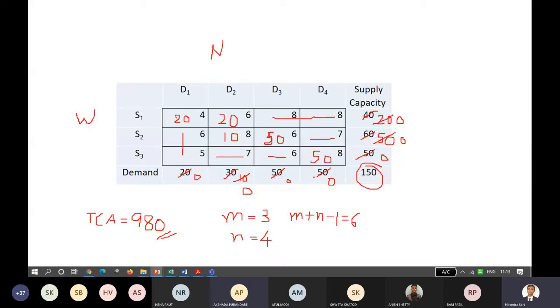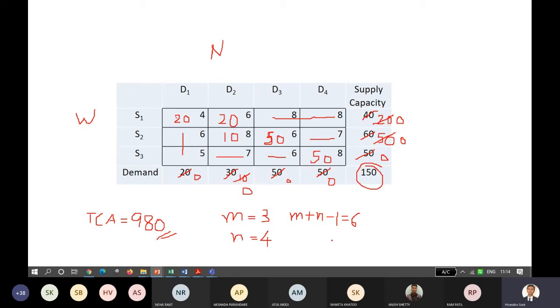So how many allocations have I got? 1, 2, 3, 4, 5. Number of allocations should be less than or equal to M plus N minus 1.